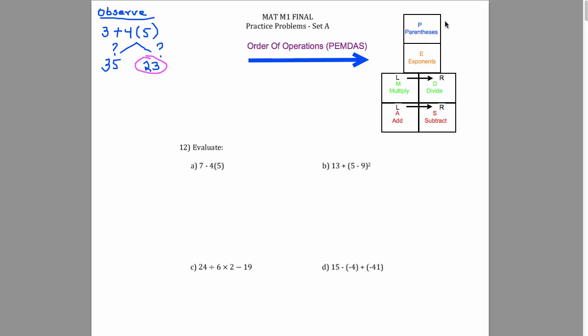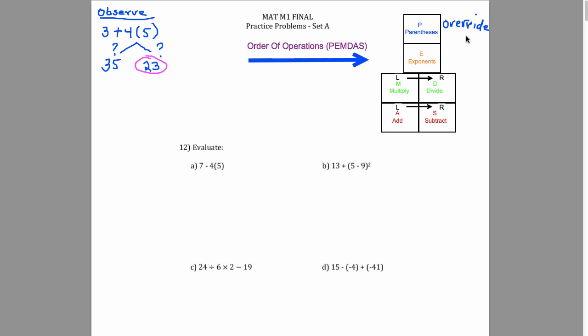What this lets us do is override the normal order of operations. In other words, you see there's a sequence here. We do exponents and then multiplying and then adding, but let's say we want to do them in a specific order that we want for a particular problem. Well, that's where parentheses come into play, and we'll see that as we examine the various problems.